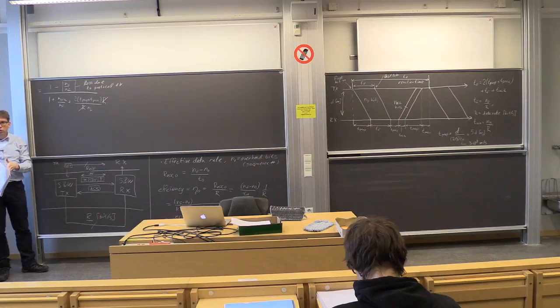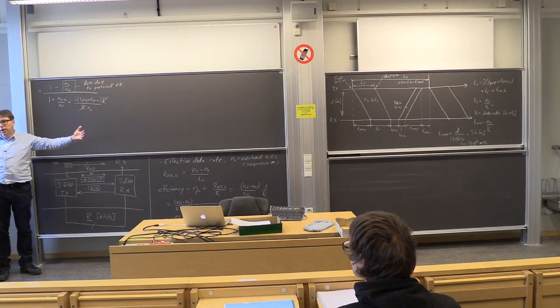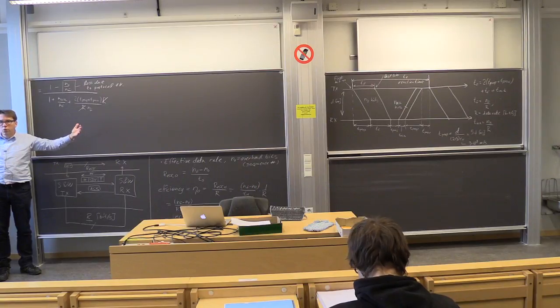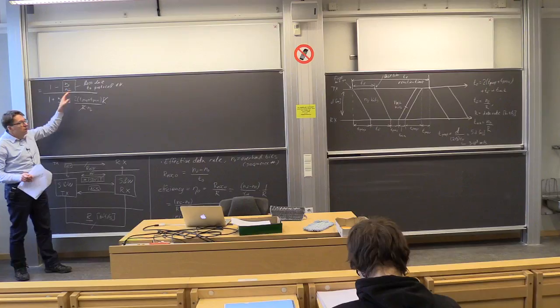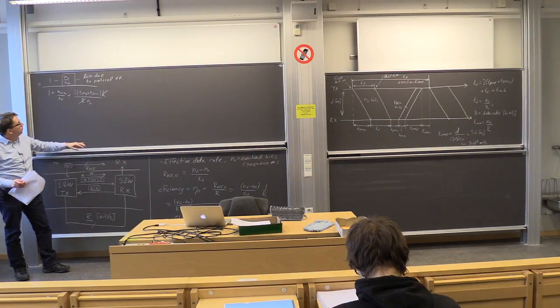Okay, so of course, if we have a fixed number of overhead bits, we would like to make the data frame large to make this loss negligible. Okay, so it's good to have long frames. At least the ratio between the overhead bits and the total number of bits should be a small number.